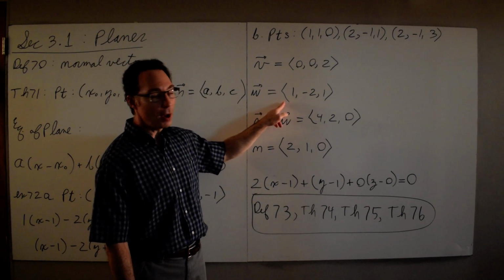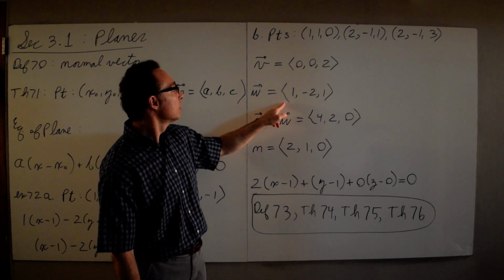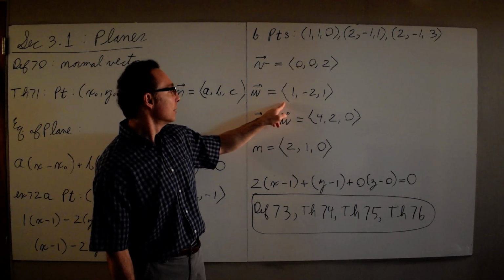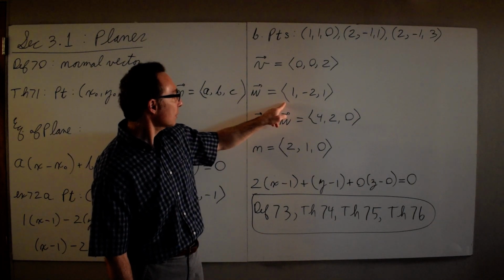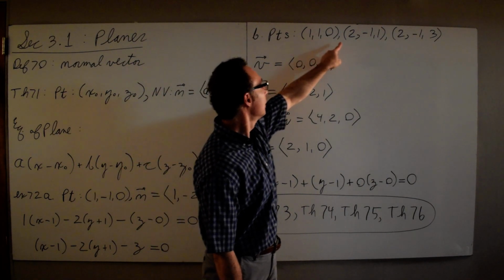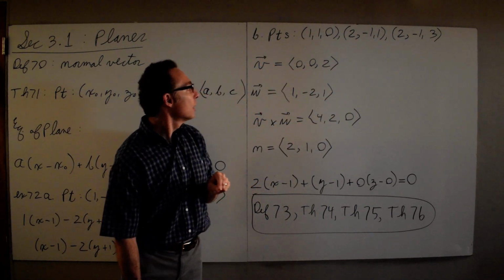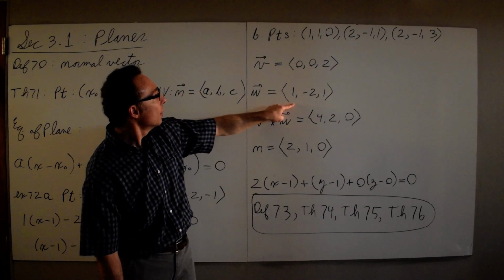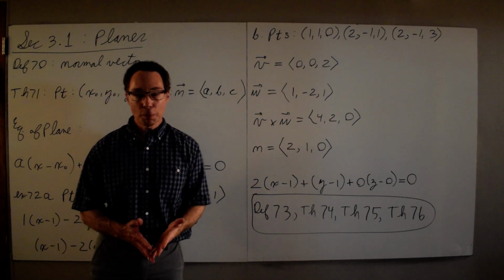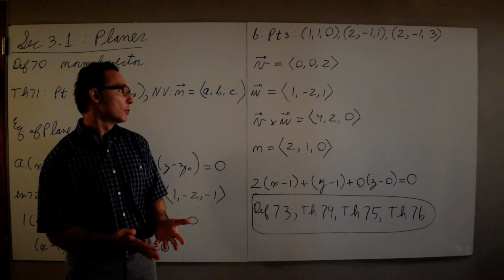So we find another set of 2 points, a starting point and a terminal point. If we use this as our beginning point and this as our end point, then we have the vector 1, negative 2, 1. And you can use any pair that you want. You just have to use 2 different pairs of points.